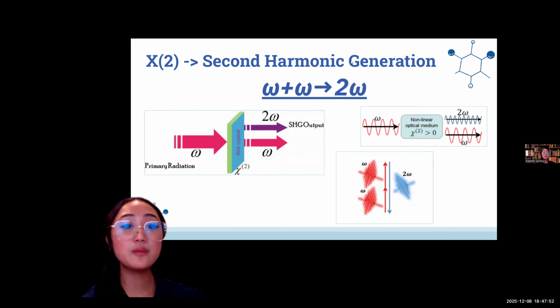The symmetry of the material dictates which terms exist. A contribution from Chi2 only happens in a non-centrosymmetric medium. That is not the case for Chi3. Chi3 can happen in any medium regardless of symmetry. This includes isotropic materials such as gases, liquids, or glasses.